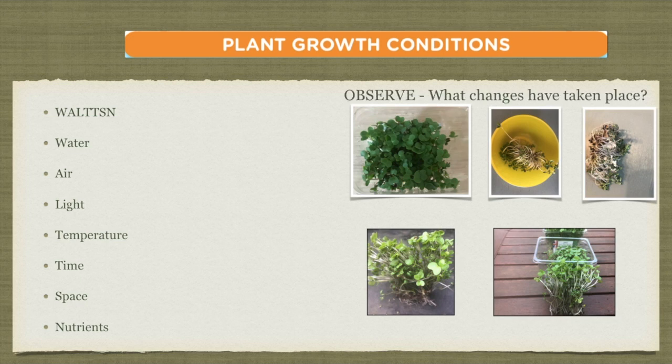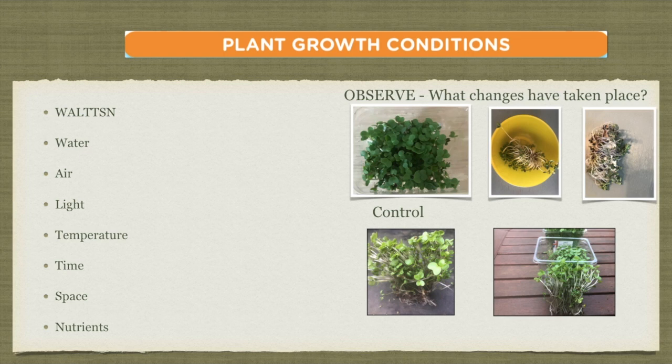So we have here, observe what changes have taken place. Now the first image on the top left is what we call the control. In that container is cress, and that cress has all the ingredients it needs to grow to be healthy.